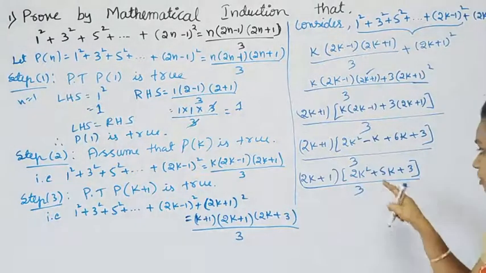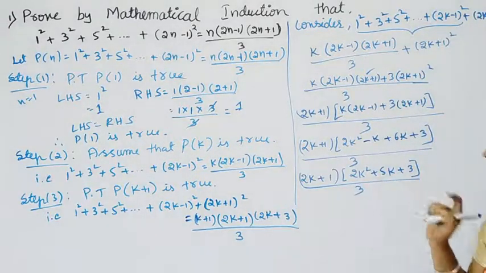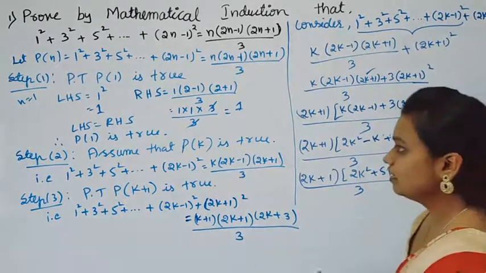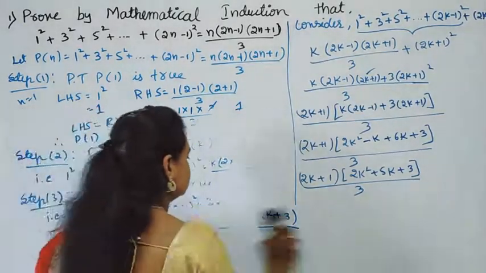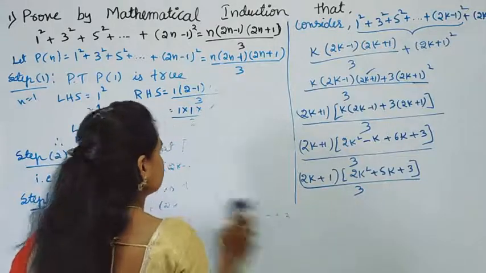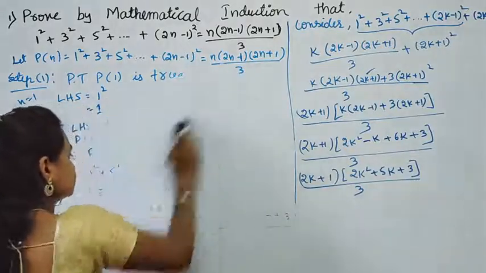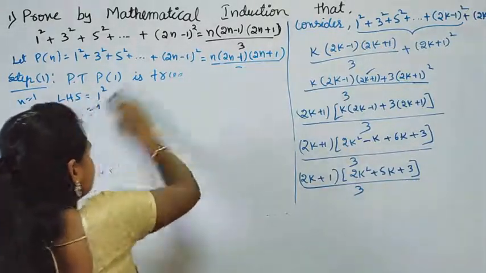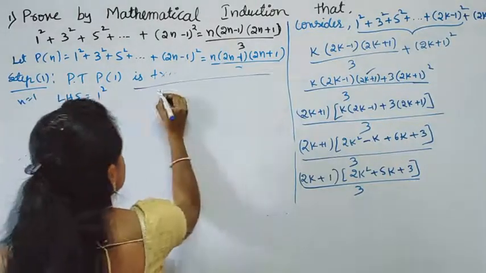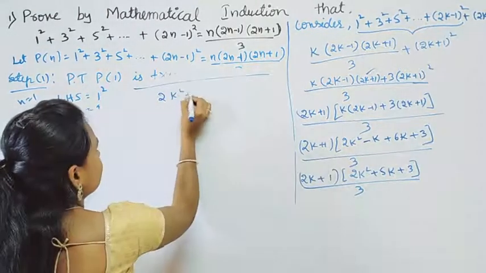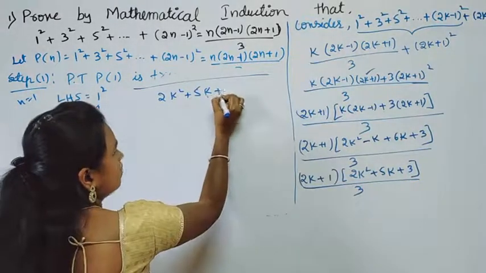So in the last step we have to factorize this one, right? So how to factorize? Shall I write here? Factorize 2k square plus 5k plus 3.